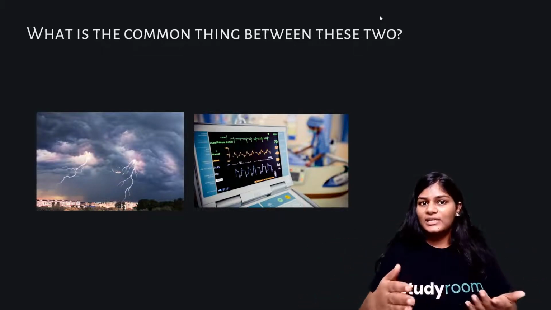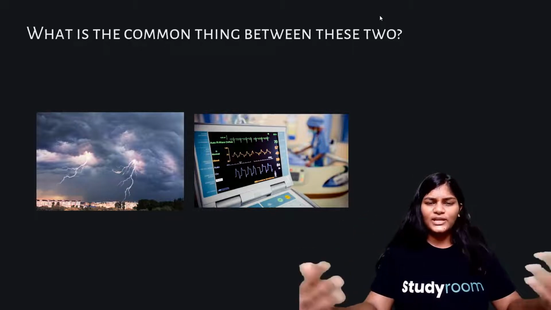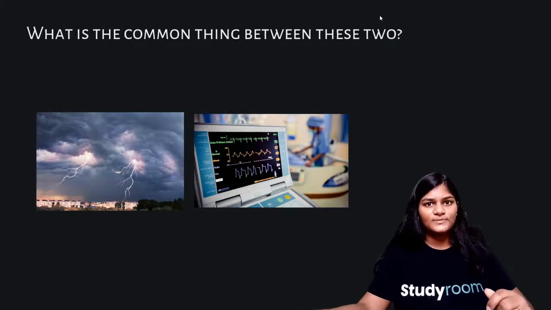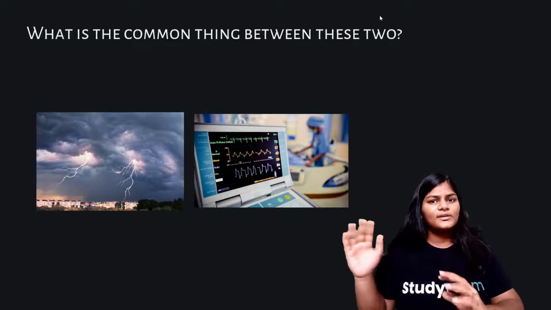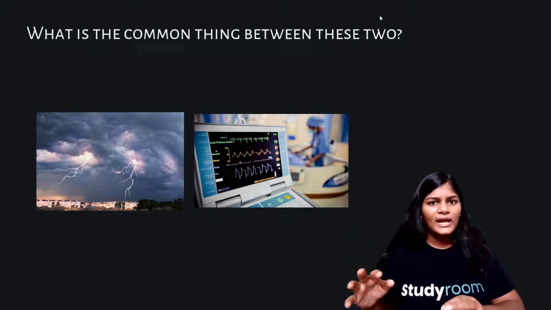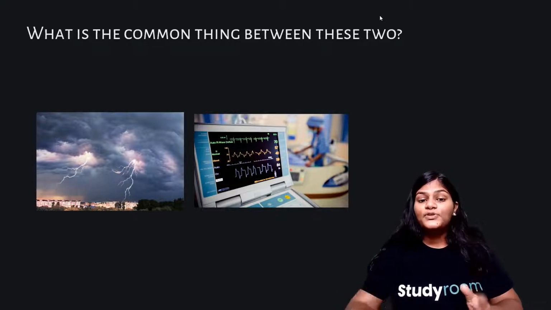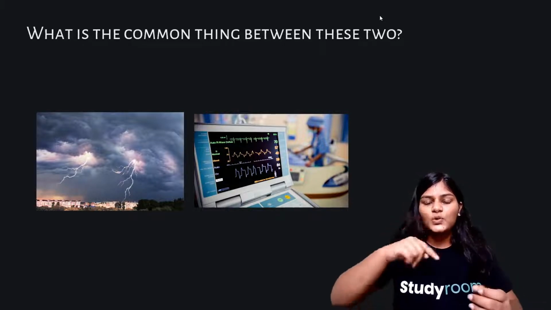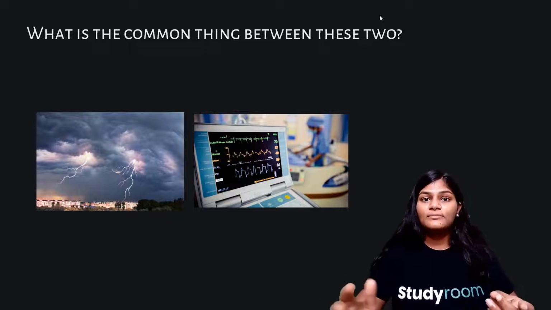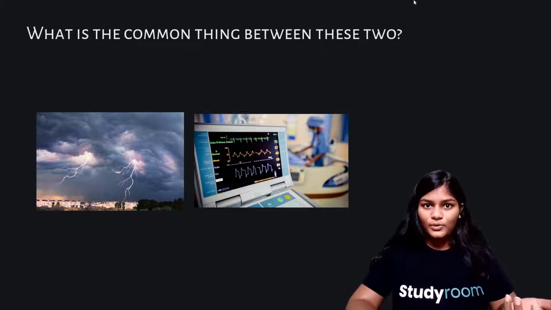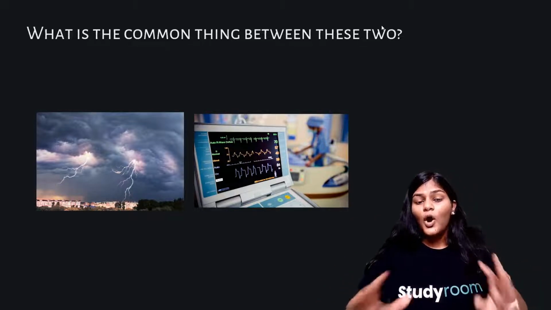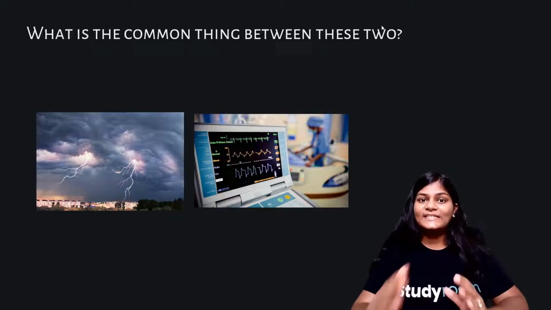So that is lightning. And what is the second image? Can anyone tell me what the second image shows? You can see a nurse in the background, right? So it's pretty clear that it is in a hospital, right? So what is that machine which shows those lines? That is nothing but an electrocardiogram, or in short form, it is known as ECG.